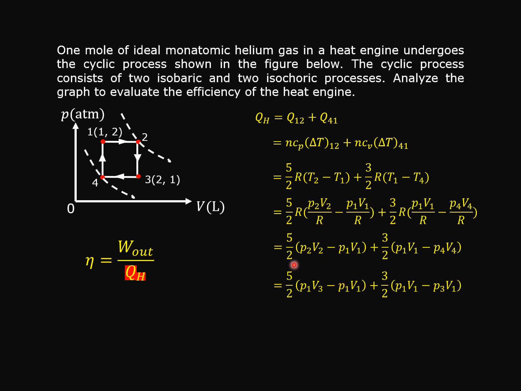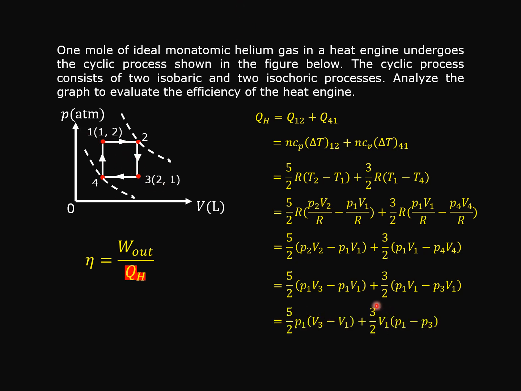So now we have the expression of QH in terms of P1, V1, and P3, V3. Simply the reason we express this QH in terms of the PV of states 1 and 3 is that these two coordinates are given in the question.